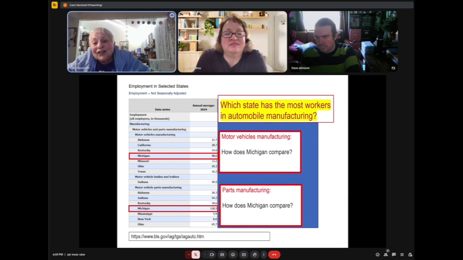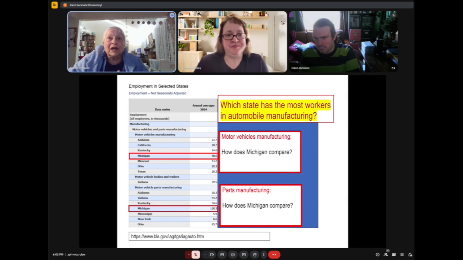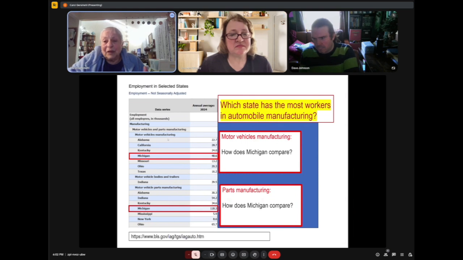Just to think about Michigan, this is pretty recent 2024 data about the United States. Which state has the most workers working in automobile manufacturing? And look at the top. This is workers in making the assembled cars that then get sold.